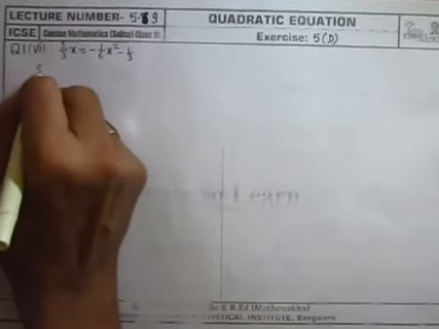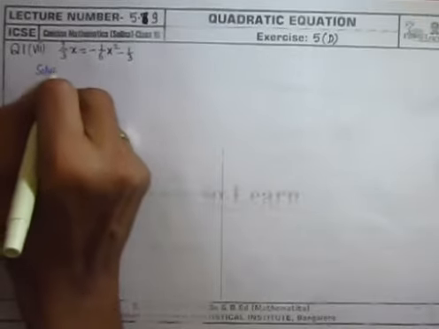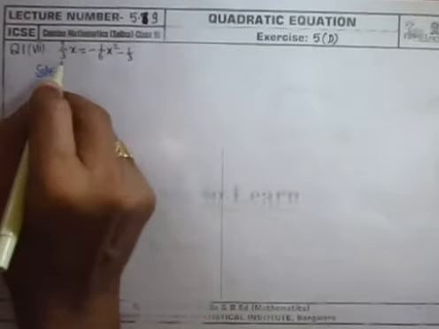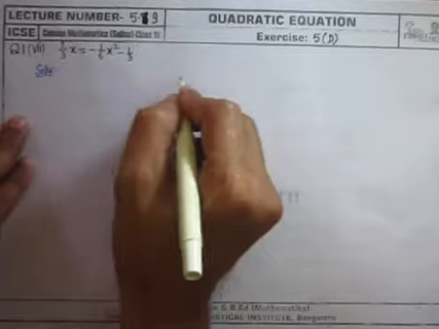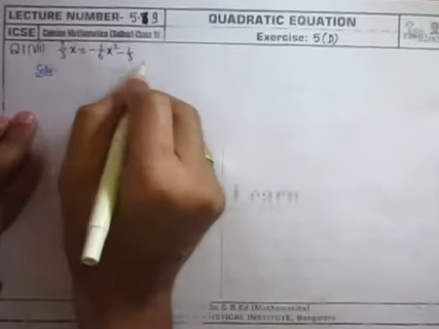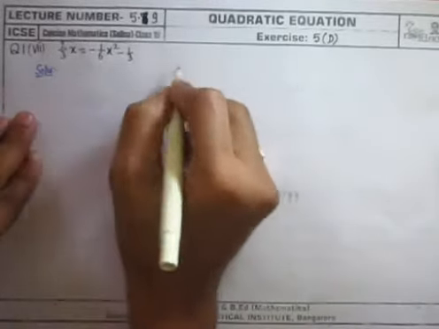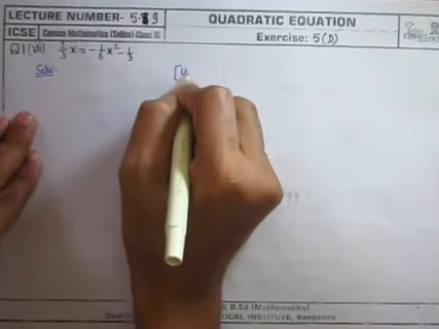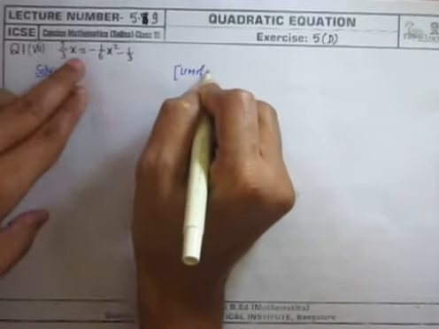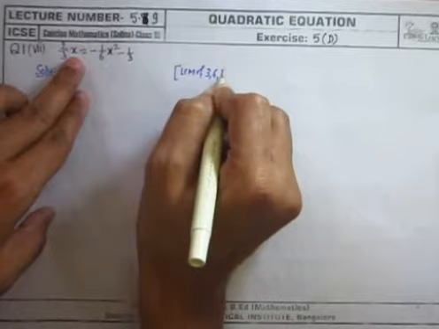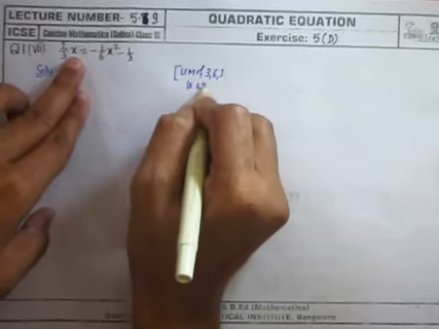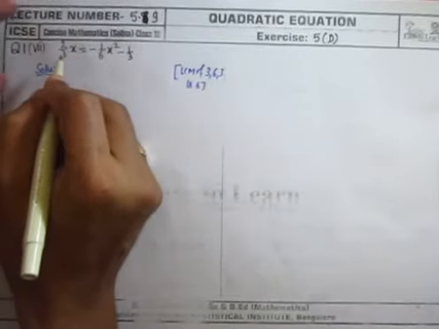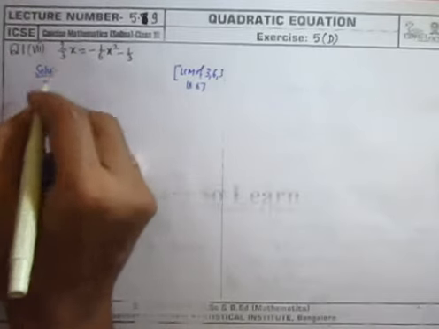Now first of all, arrange this equation in general form. So to remove fraction from the coefficient, multiply each term by LCM of 3, 6 and 3. LCM of denominator 3, 6 and 3 is 6. So multiply each term by 6.